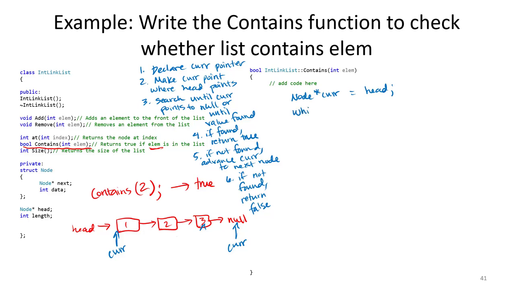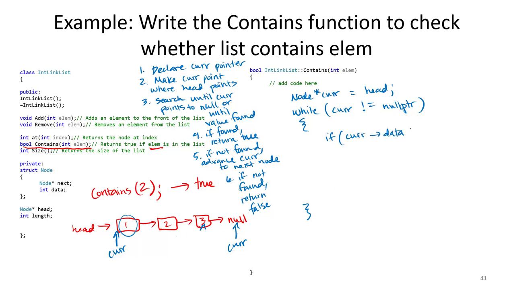Then we use our while loop to search through the linked list. So as long as our current pointer doesn't point to null, then we keep searching. First, we check whether the value cur points at is the thing we want.